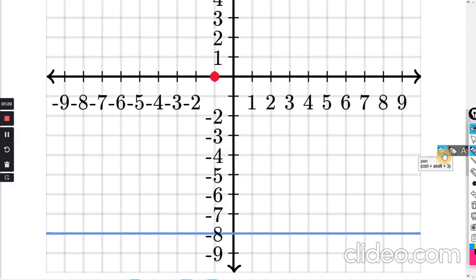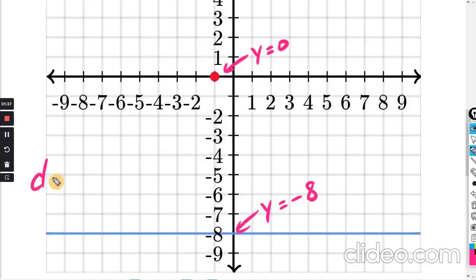If you wanted to do it mathematically, we know that this is the y-axis. Okay, this point here is at y equals 0. And this line here, they gave us the equation, y equals -8. So the distance would be the difference between the absolute values. You would just take the absolute value of 0 minus -8.